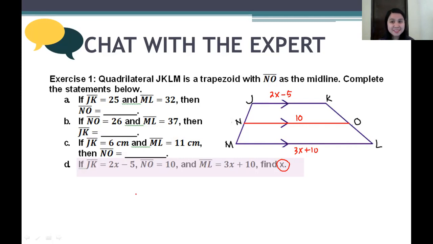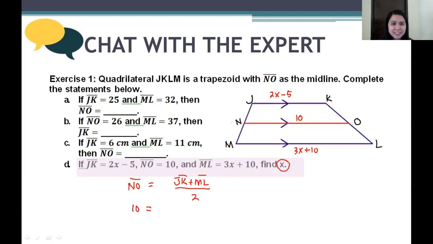JK is 2x minus 5. NO is 10. And ML is 3x plus 10. Find the value of x. We write the midline theorem again. NO is equal to JK plus ML divided by 2. Or you say 1/2 of the sum. NO is 10.